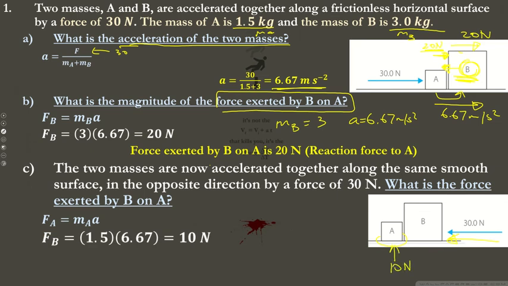And like I said to you before, if it experiences 10 newtons going towards the left here, that means B would have been pushing it at 10 newtons to the left as well. Which means that the force that A is pushing onto B is 10 newtons. So it's just equaling the reaction force, or it's equaling the action force of B pushing onto it, and so that's the reaction force here.